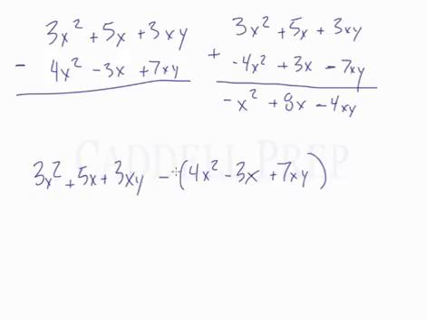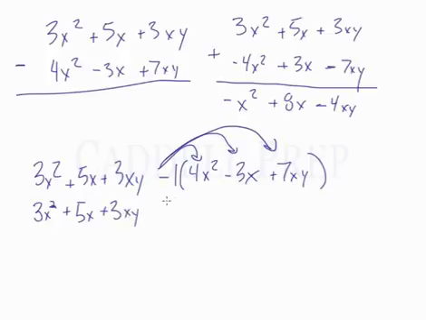Again, we're going to have to distribute this out here, because there's a negative on the outside of parentheses, it's like a negative 1. Each term inside has to be multiplied by negative 1. So we have 3x squared plus 5x plus 3xy becomes minus 4x squared plus 3x minus 7xy.